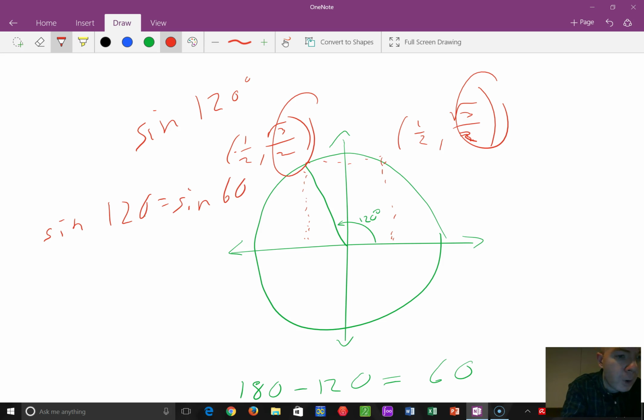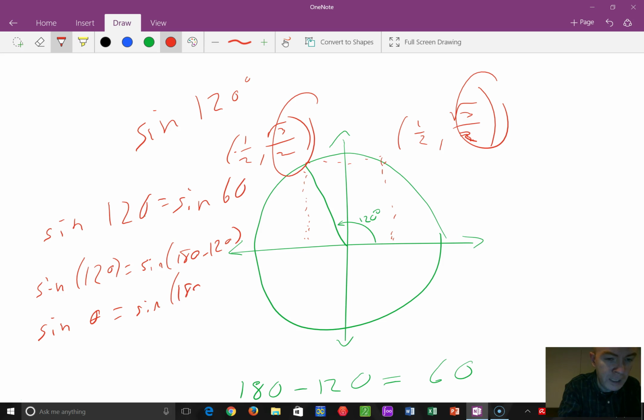Interesting. What's even more interesting is that basically what we're saying here, and we can prove this in more depth just by looking at the unit circle, but the sine of 120 is equal to the sine of 180 minus 120, or more generally, the sine of theta is equal to the sine of 180 minus theta when you're talking in degrees.